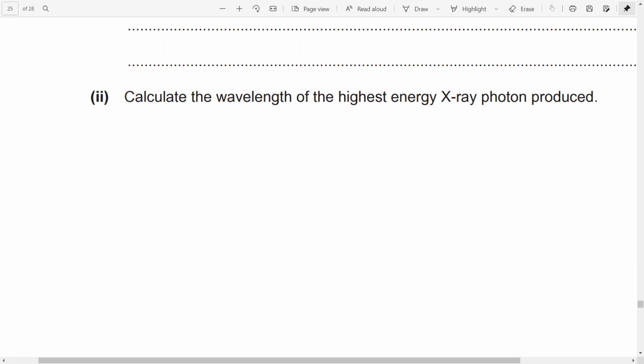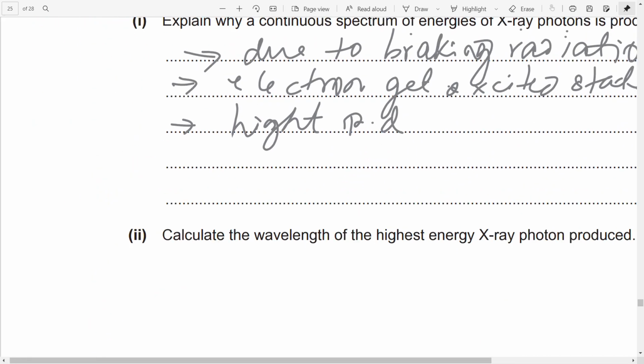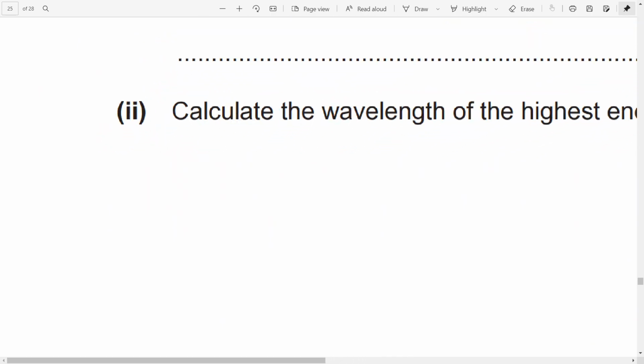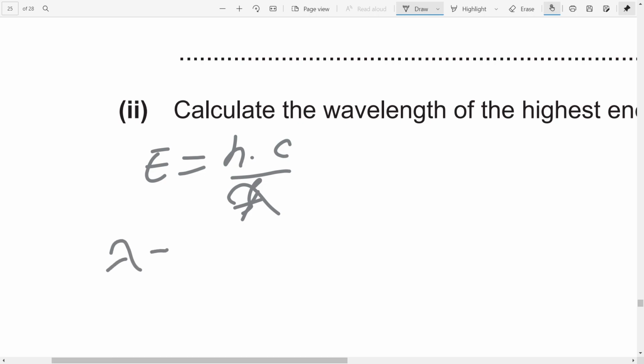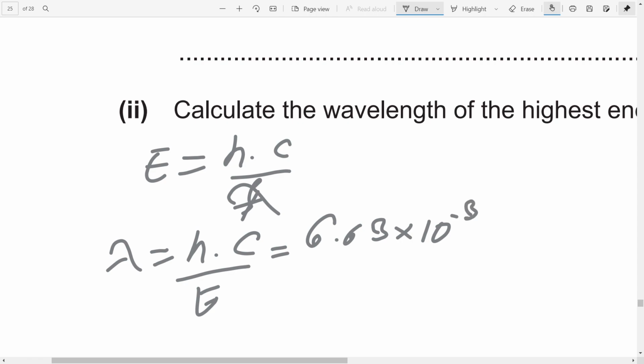Calculate the wavelength of the highest energy X-ray photon. We have got 15 kilovolts, that is our p.d. You know this energy equals hc by lambda. When we calculate for lambda, it will be this, and from here 6.63 Planck constant times the speed of light, that is 10 to the power 8.